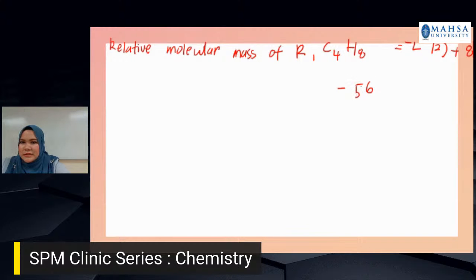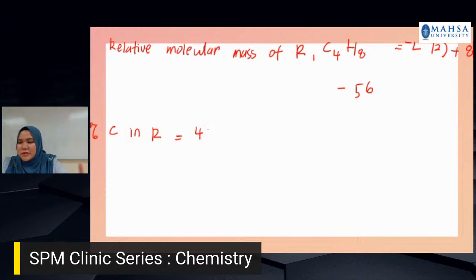Okay, 56. And then what about the percentage carbon in R? Because if you want to find which one will give you more flame or less flame, it depends on the number of carbon. So percentage of carbon in R equals relative molecular mass for carbon divided by relative molecular mass of R, times 100%.